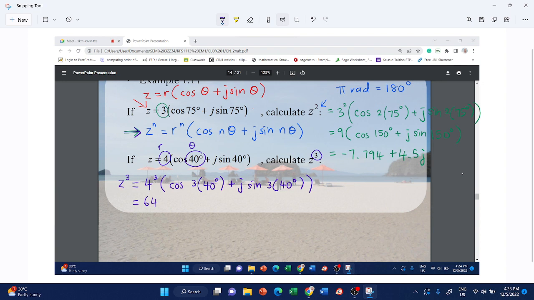Then here we have 64 cos 120 plus j sine 120.